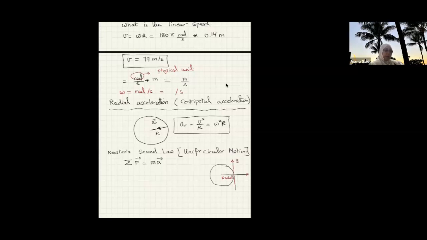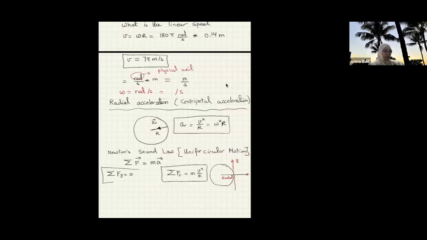Now, I will split my equations into two equations. One of them is going to be along the y, where we don't have acceleration, then sigma Fy equals 0. Along the radial, I'm going to find what the forces are in this direction, and that is going to equal mv squared over r.